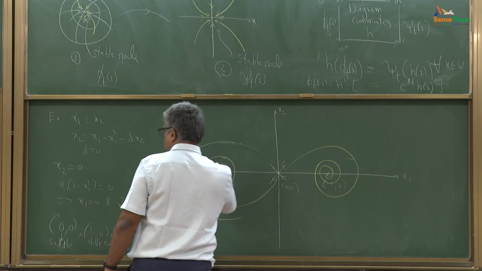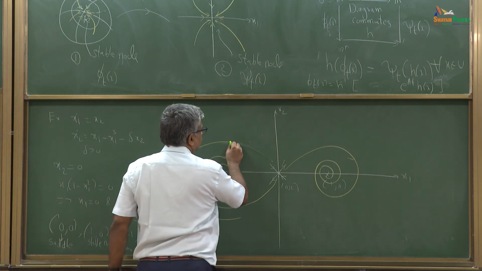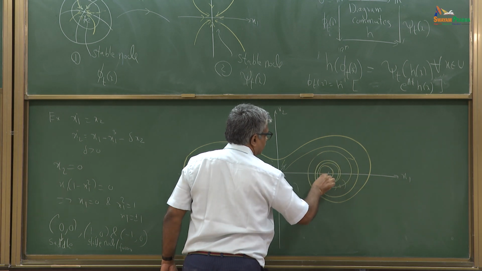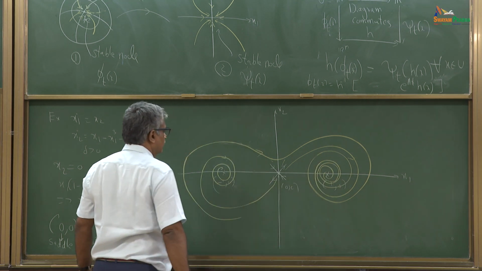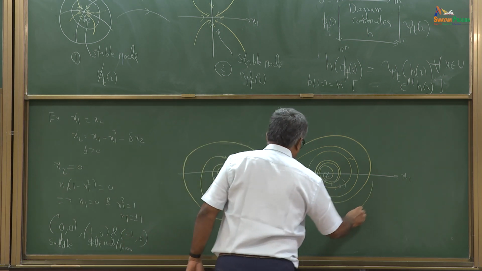You need to actually draw the phase portrait, but I'm trying to give a picture. Some of these trajectories will go like this and they will converge. And similarly you can expect something like this on the other side.